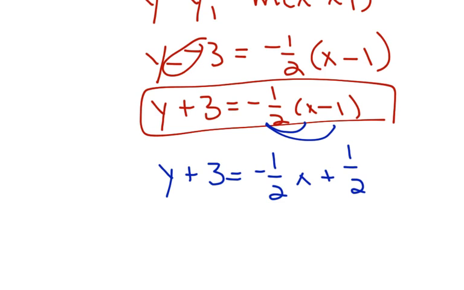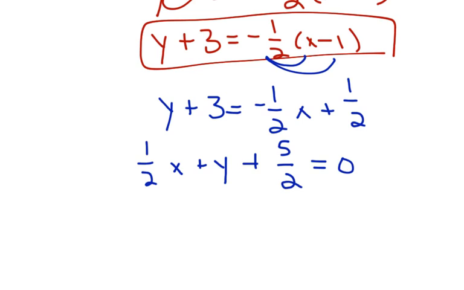You can add 1/2 x to both sides, and you can subtract 1/2. So 3 minus 1/2, that's 6, so minus plus 5/2 equals 0.